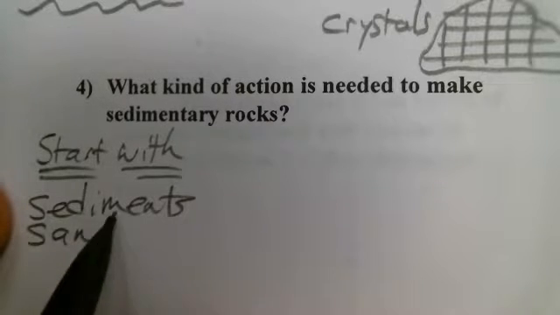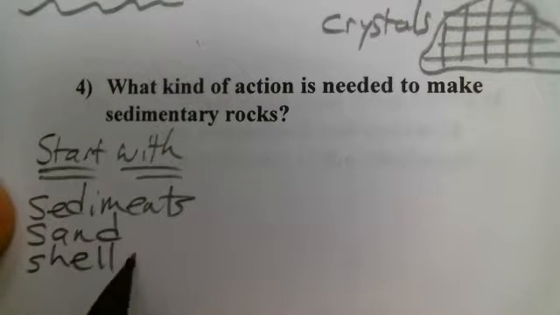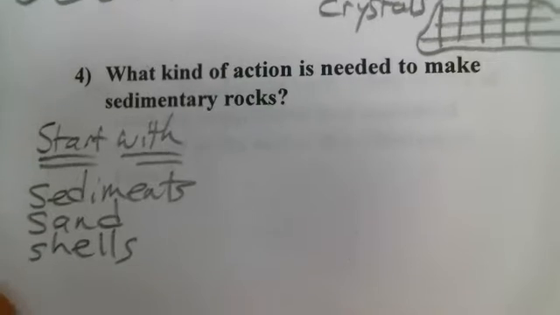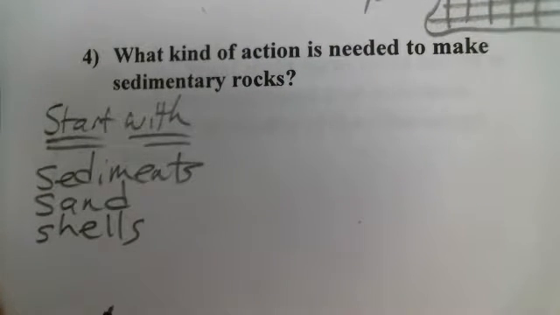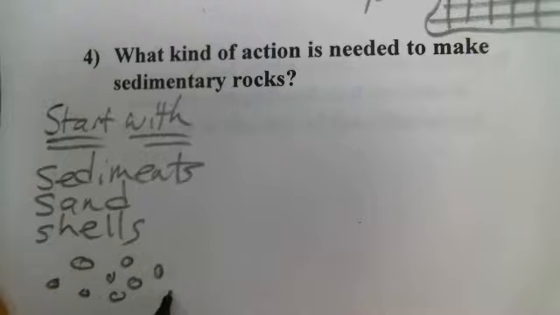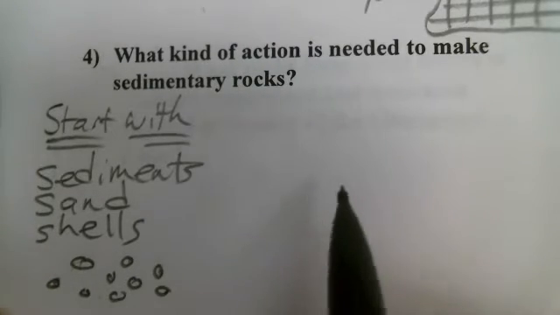Things like sand or shells, things that can be moved around easily, dust, dirt, small pebbles, that kind of stuff. And I'm going to draw little circles here to represent the sediments, the sand particles, the shells.